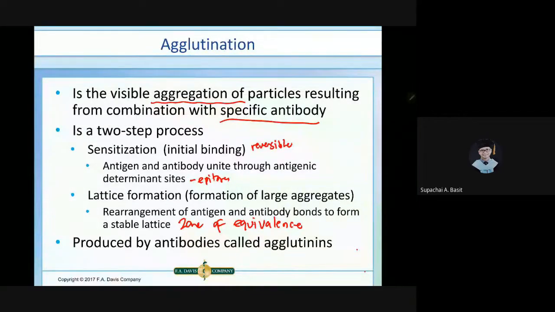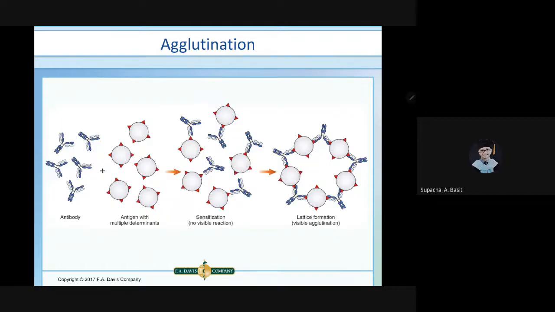I think I've already told you that agglutination reaction is produced by antibodies called agglutinins. So we call them agglutinins.